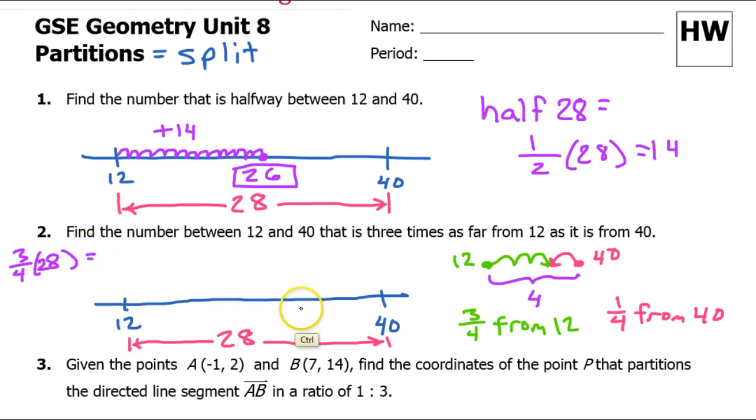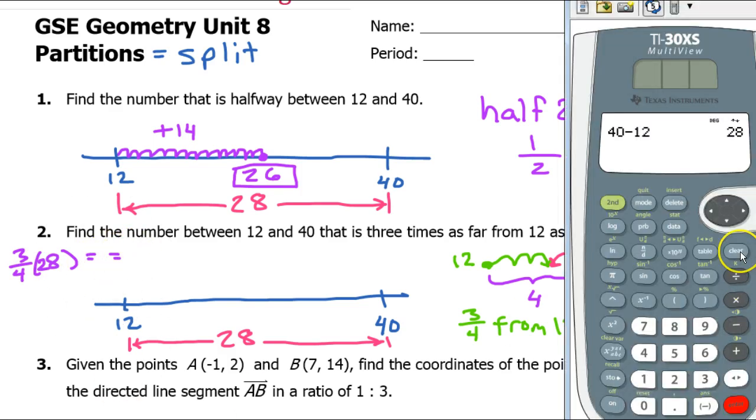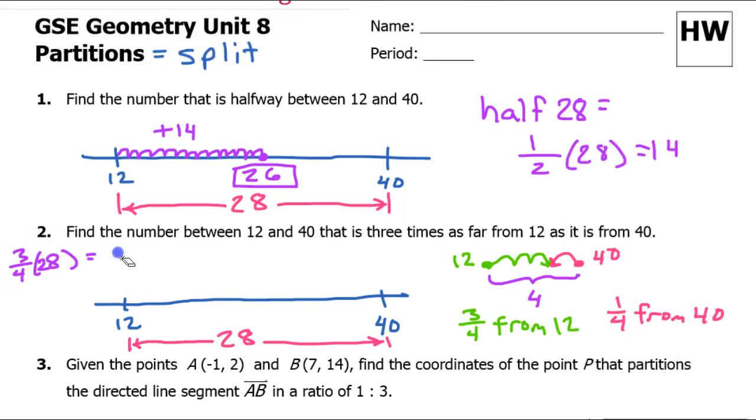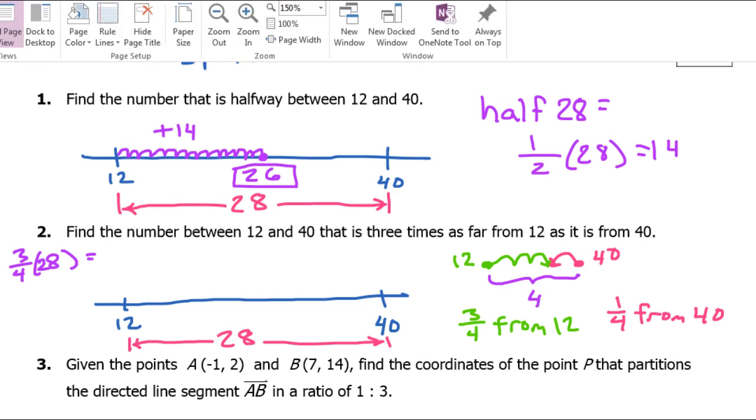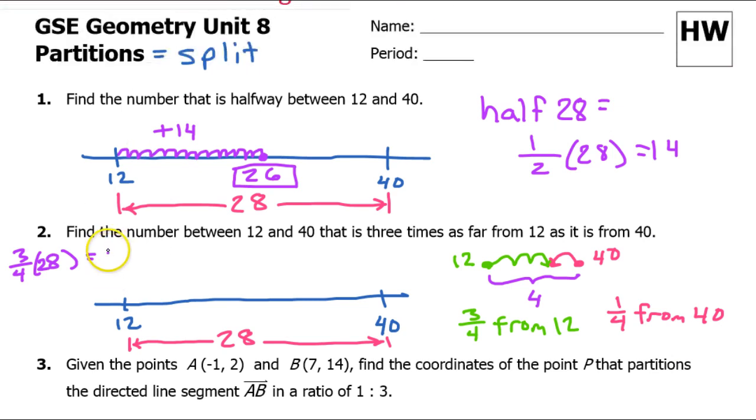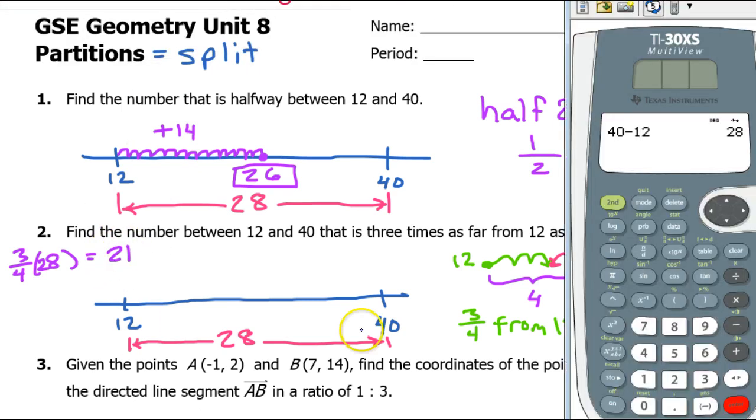Because that'll be 3/4 of the way. 3/4 of 28 is going to be the same thing as, well, let me just use my calculator. I know that 4 goes into 28 7 times. 3 times 7 is 21. So I know the answer is 21. But many students are not going to follow that. So that's why I'm reaching for a calculator. So we could say 3/4 of 28.